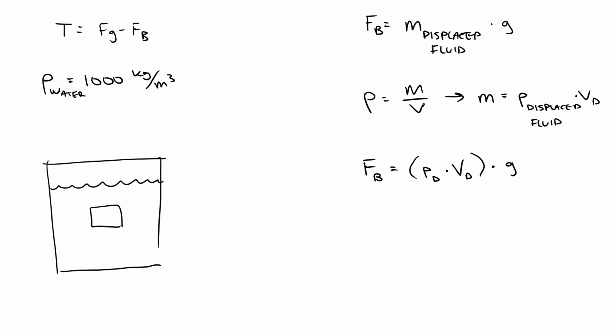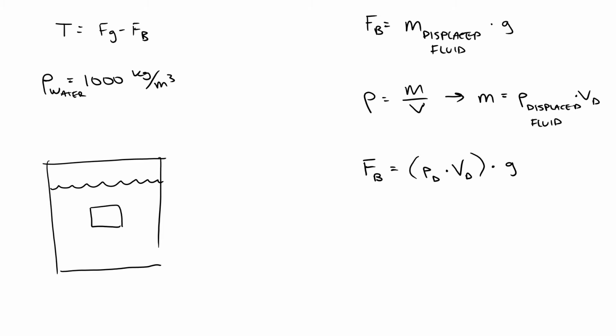And from the, let's see, on these slides, I can't go back to previous slides. We had a volume of 0.008 cubic meters. That was for the cube. So that means when I put the cube in the water, it's going to displace that much fluid.